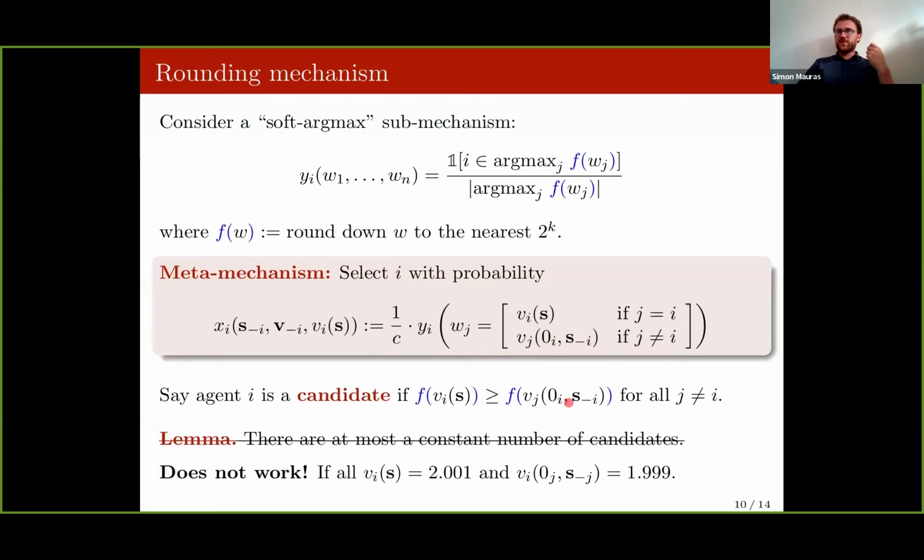So that was our first try, but this unfortunately doesn't work, right? Let me show you why it doesn't. Imagine that everyone has a value equal to 2.001, but if you compute the low estimates, every low estimate is going to be 1.999. The two are very close, so it doesn't contradict self-boundingness.